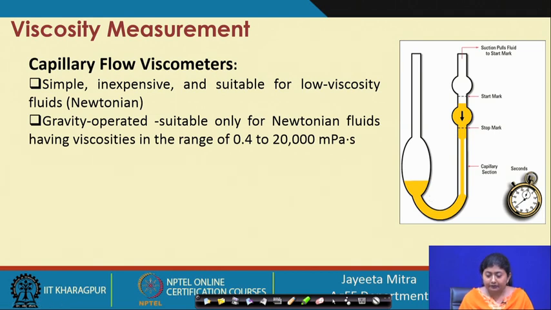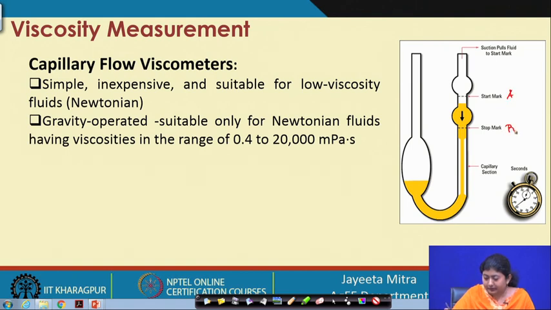In the case of the capillary viscometer, we can see that there is a capillary tube, and there is some inflation at a few points. We mark these points, let us say A and B, and we want to measure how much time it will take for a known volume of sample to pass from one point to the other.